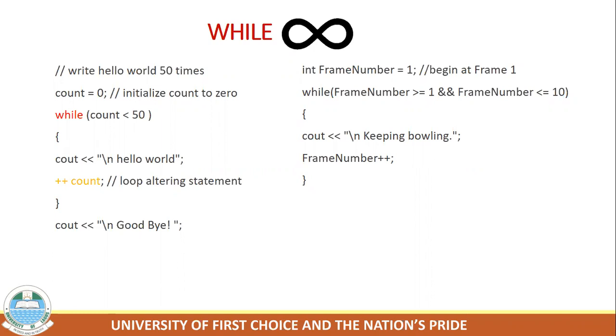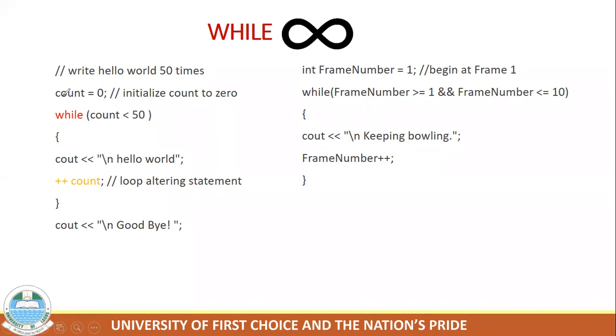All right. So we want to write to the screen, hello world, 50 times. So you have your initialization, or your initial criterion: count is equal to 0.